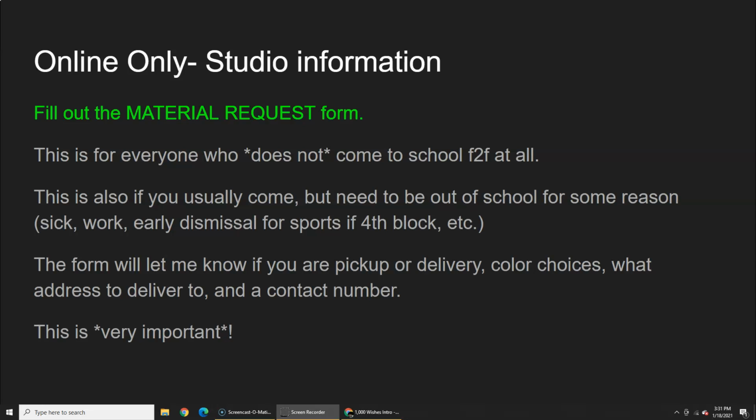If you do not do this, and I know that you are online all the time, I will gather the materials together and deliver them to your PowerSchool address if I don't have any information from you. But I would much rather you take some choice about your colors and things like that and make sure that I know where to deliver them.